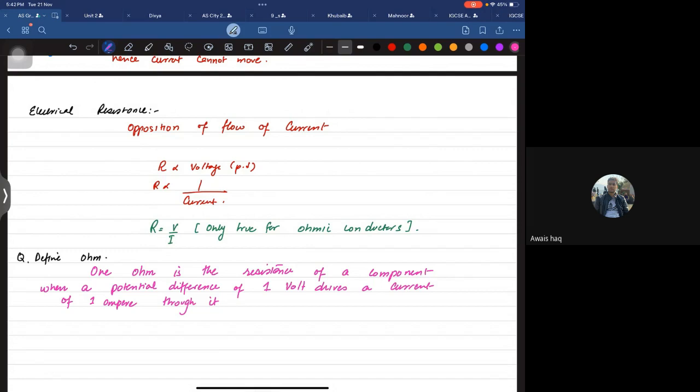Again, the keywords in this would be the units of each quantity: ohm, volt, and ampere.